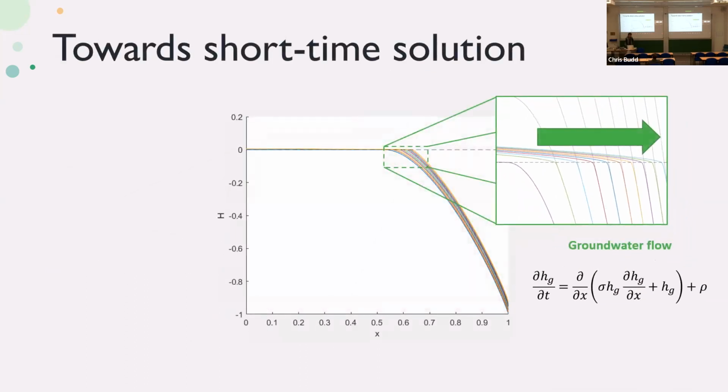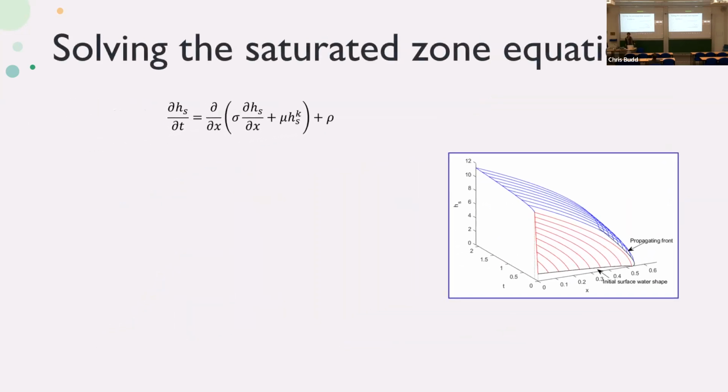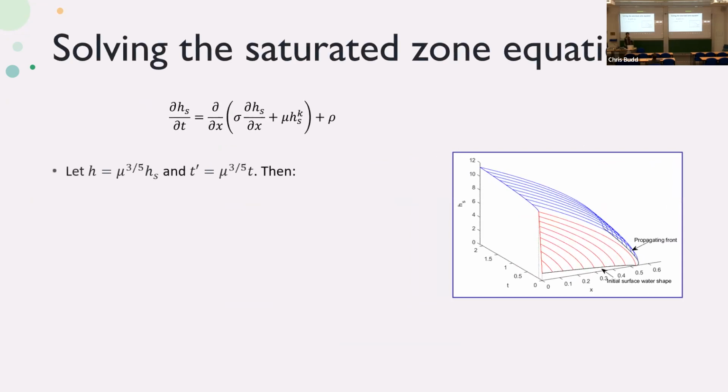If we already know that, we can try solving the overland equations, but for the overland flow, the typical timescale is about 2 hours. So I cannot say that the rainfall events that we are interested in are shorter than that. We need to find the solution for all possible times. But luckily we can do this thanks to the fact that in practice, let's do a quick rescaling.